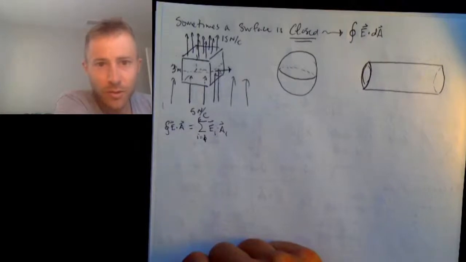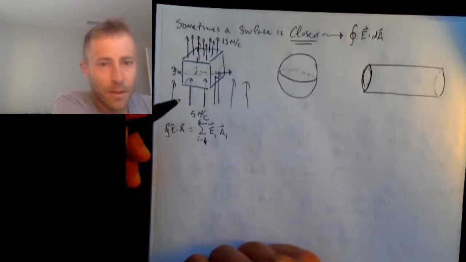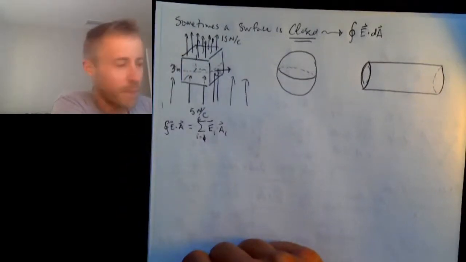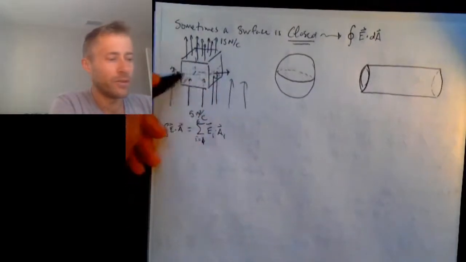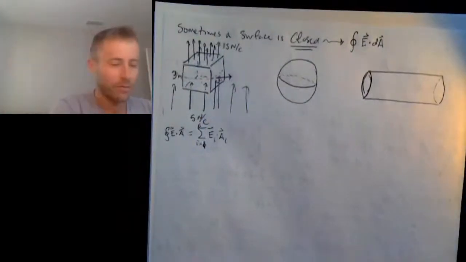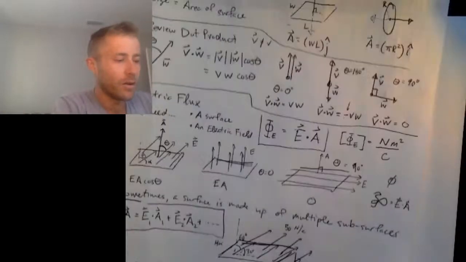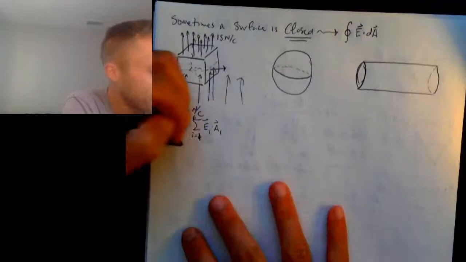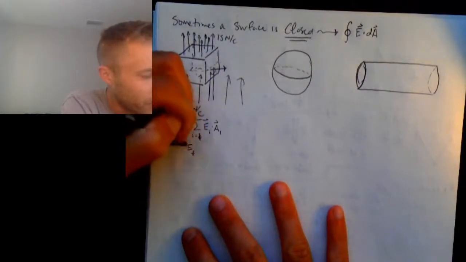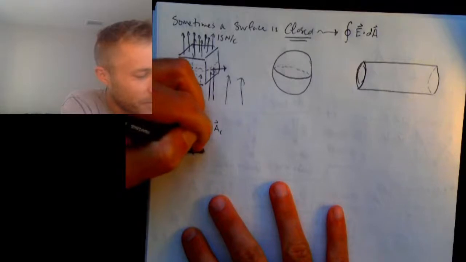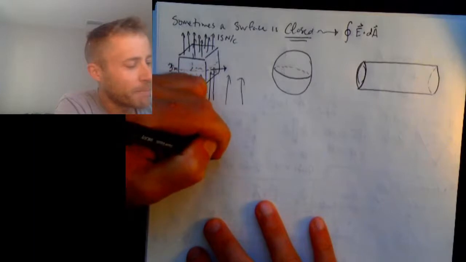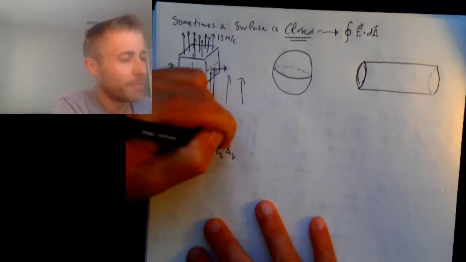So really the only ones that matter are the bottom one and the top one. So the four faces around the middle of the cube have no flux. So really all that's going to matter is the top one: the electric field on the top dot the area of the top, plus the electric field on the bottom dot the area of the bottom.